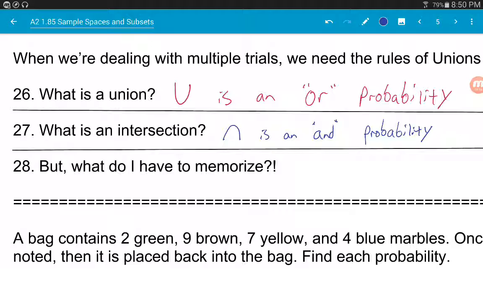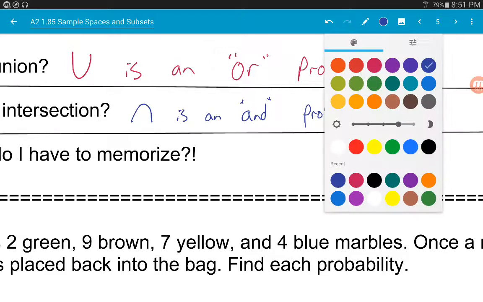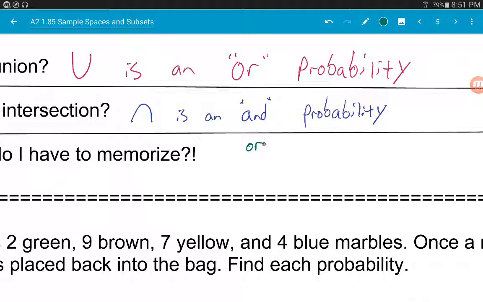Now, you need two things to both go right, and for that reason, it's less likely to happen. So that's an and probability. And what you really just have to memorize is that in a situation where you're talking about ors, that means we're adding.